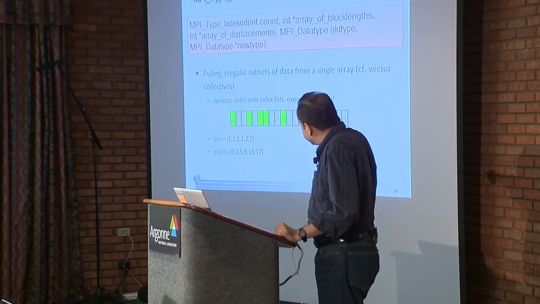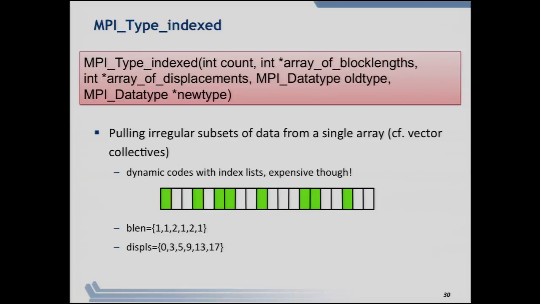So now there are two arrays. There is also an array of block lengths, because each of these blocks could have different block sizes. MPI is designed so that you can represent any pattern. That's why this generality is there: the array of block lengths and the array of displacements, and you pass the old type and you get the new type. Is this clear?